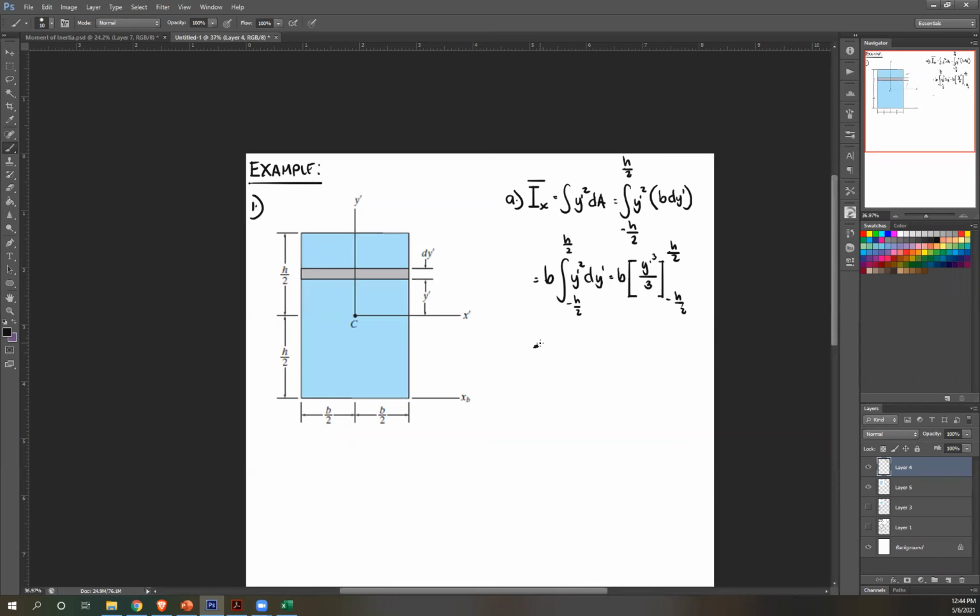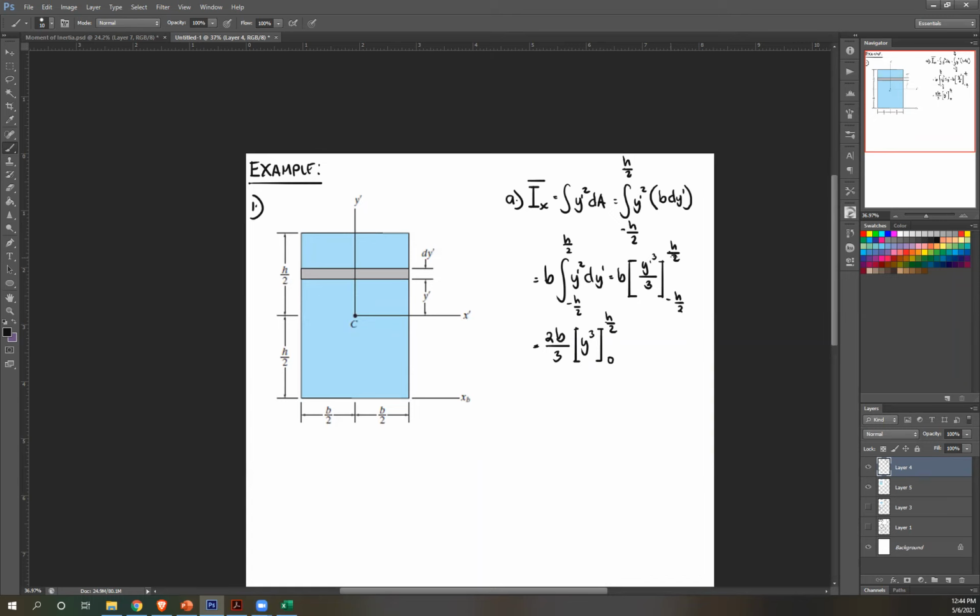And once again, from your integral calculus, whenever we have limits from negative a to a, depending on whether it's an even or odd function, I can rewrite this as 2 times b, and then factoring out 3 here, we're left with y cubed, and instead of negative h over 2, this becomes 0 to h over 2.